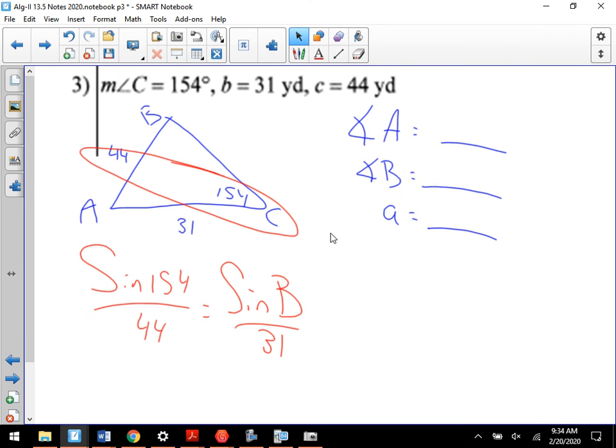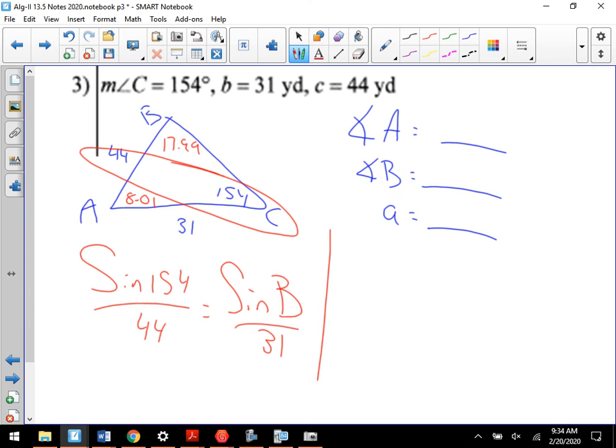So I do 31 sine 154, hit enter, divide by 44. Inverse sine of my answer, I get 17.99. Add 154 and 17.99, which gives me 171.99. Subtract that from 180, which gives me 8.01.